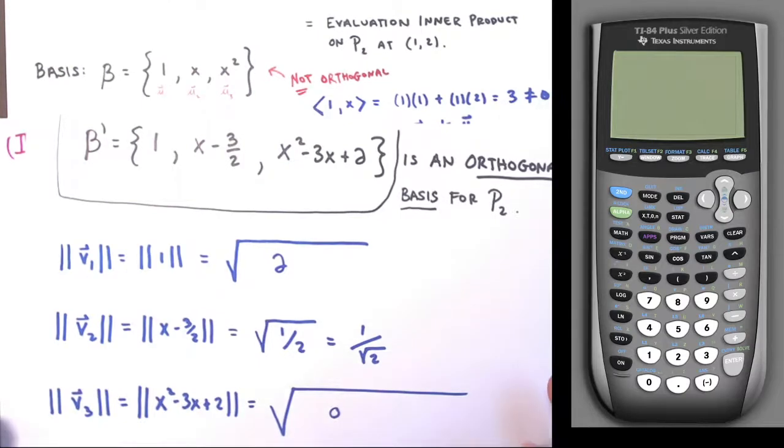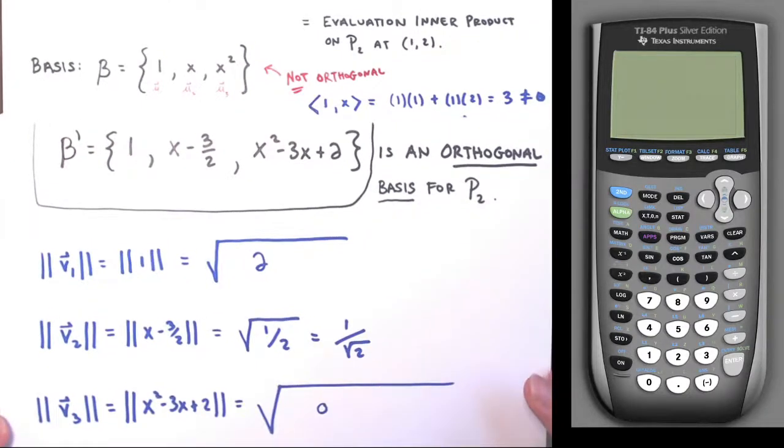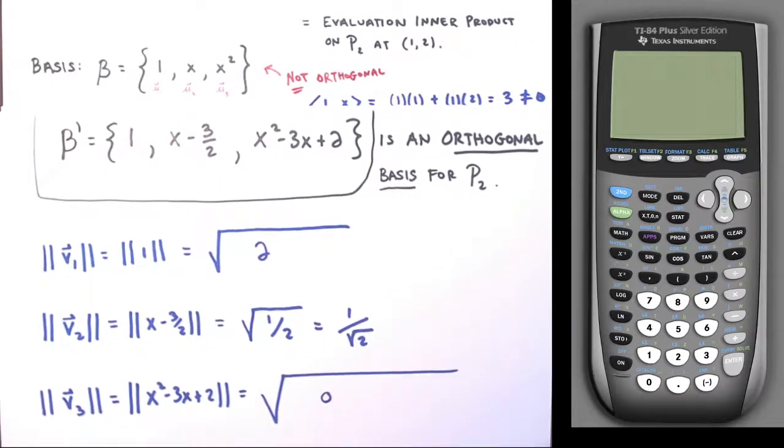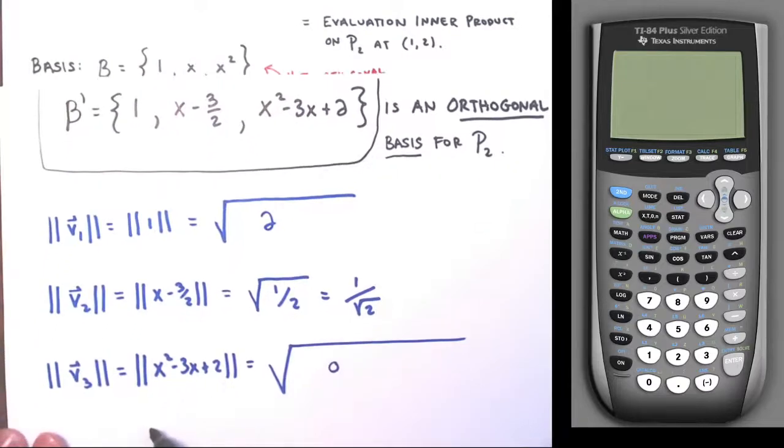Okay, so after looking into this, I just realized that I made a giant error, and I must apologize profusely. But this goes to show you, check your work before you get started. What I have found here is that the inner product of x squared minus 3x plus 2 with x squared minus 3x plus 2 under this inner product is 0.